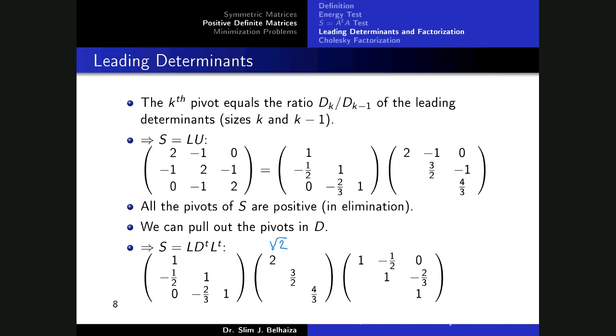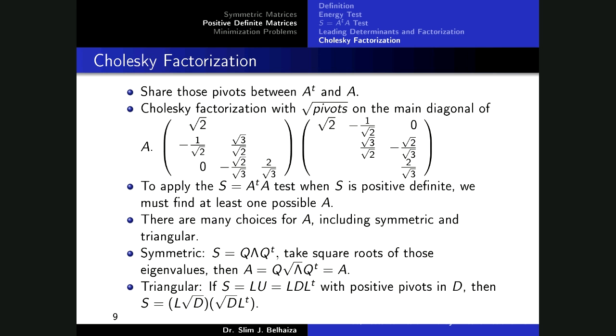Here is going to be root of 3 over 2. And here is going to be root of 4 over 3. Okay. And we apply the roots, of course, here. So it's going to be minus root of 1 over 2, minus root of 2 over 3. Here again, minus root of 1 over 2, minus root of 3. This is how we obtain the matrix A. So this is a methodology one can follow to obtain these two beautiful matrices, A transpose and A.